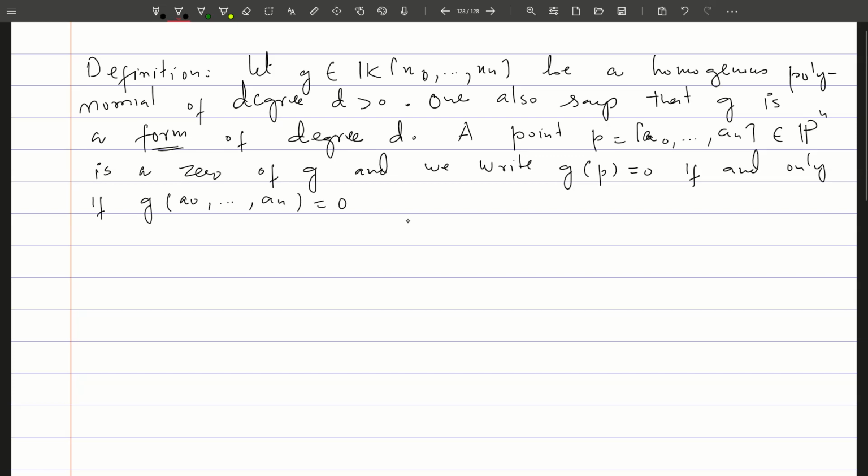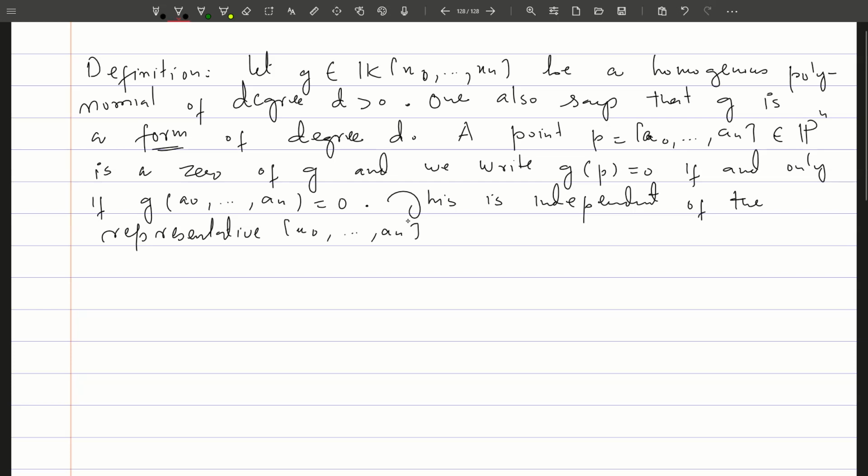This is independent of the representative because the polynomials are given to be homogeneous. So this is independent of the representatives, I mean a0 through an.